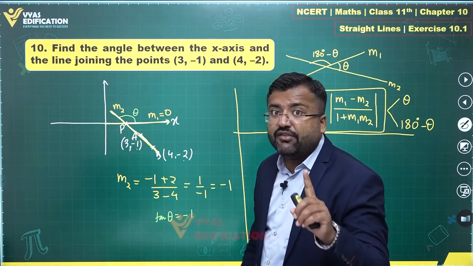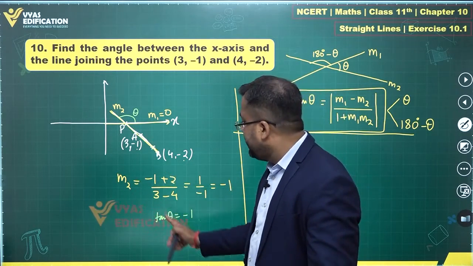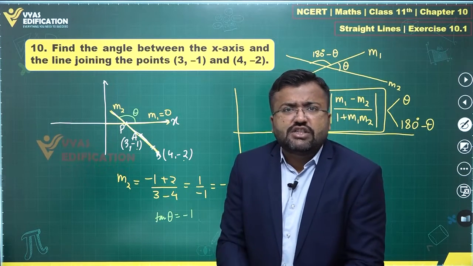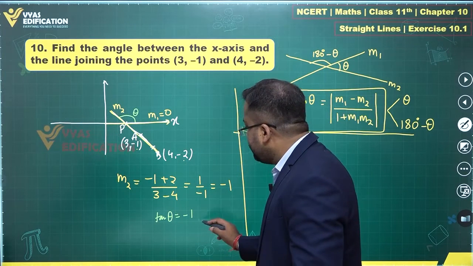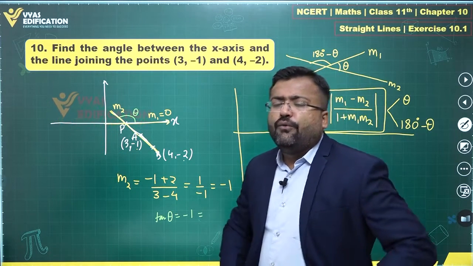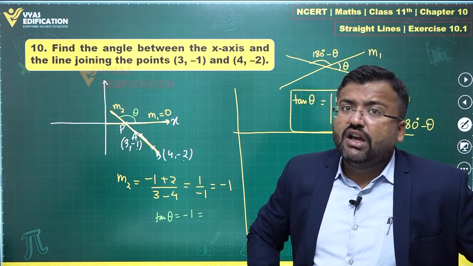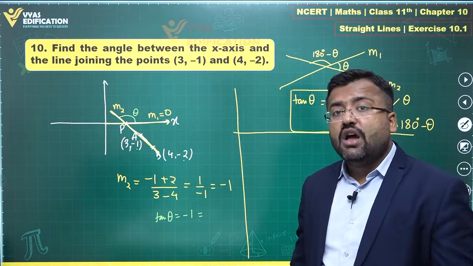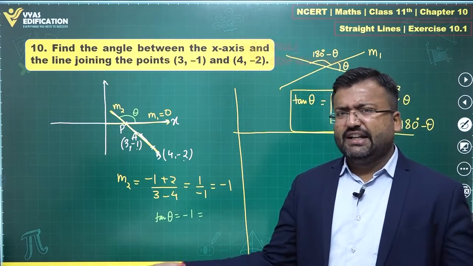Since theta is the angle made with the positive x-axis, tan theta will be equal to minus 1. That's the concept of slope. So if tan theta is equal to minus 1, when is tan theta equal to minus 1? If you can guess that directly, it is in the second quadrant and theta is equal to 135 degree.